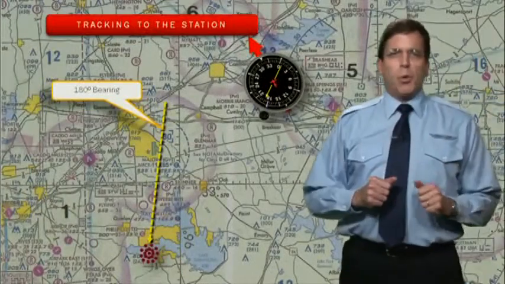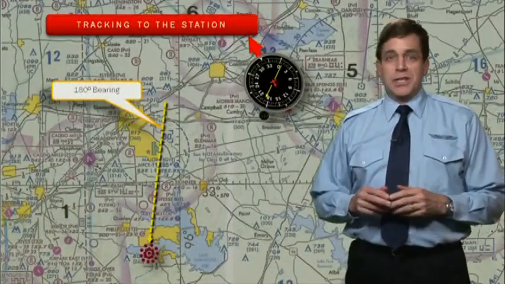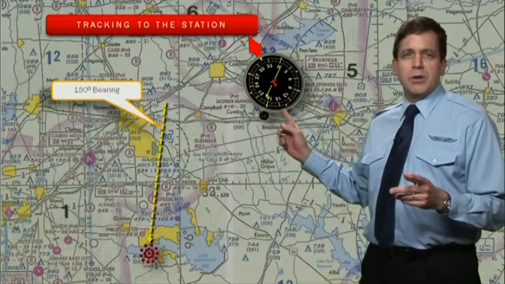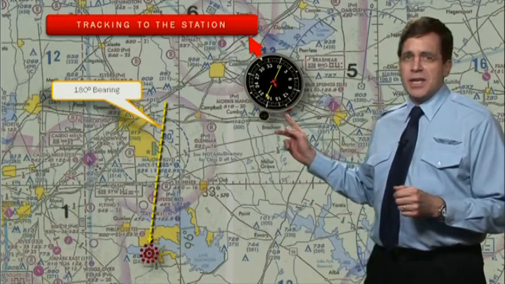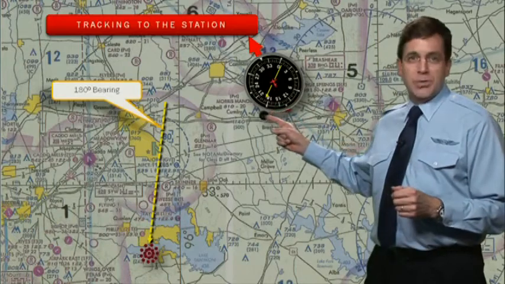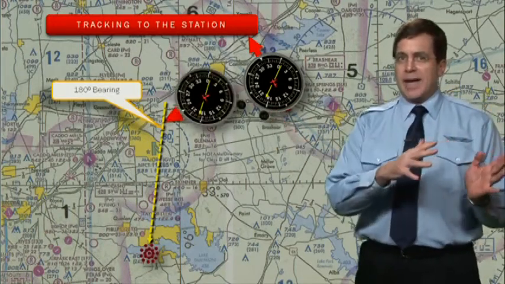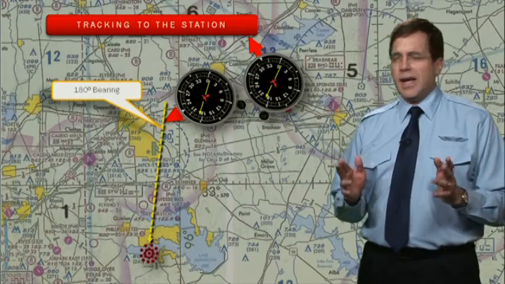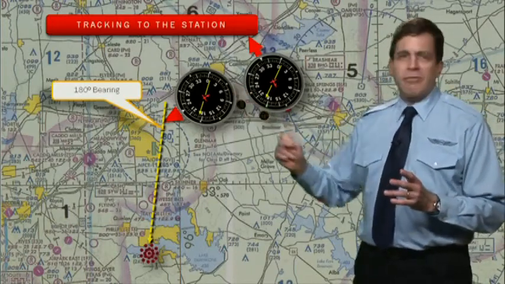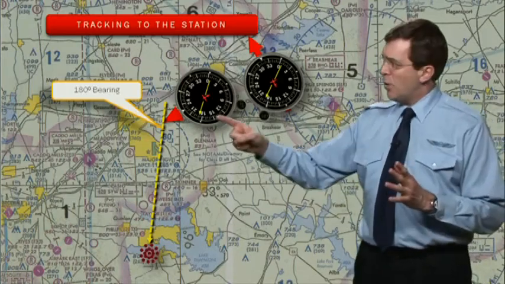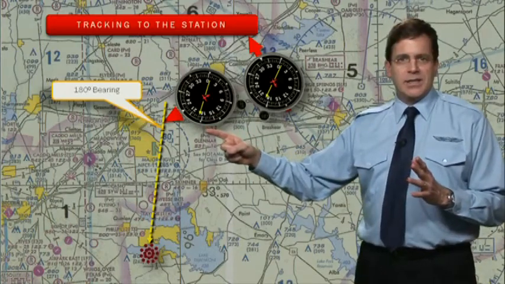Here's how to intercept the 180 degree radial to the station. The aircraft here is heading 315 degrees with a magnetic bearing to the station of 192 degrees. Turning the aircraft to a left intercepting angle results in a magnetic heading of 215 degrees with a magnetic bearing to the station of 188 degrees.